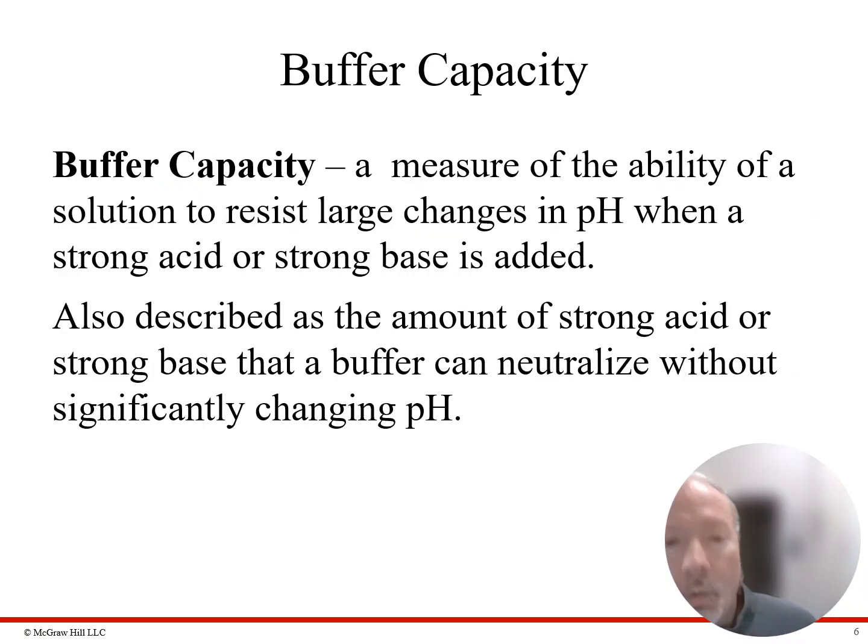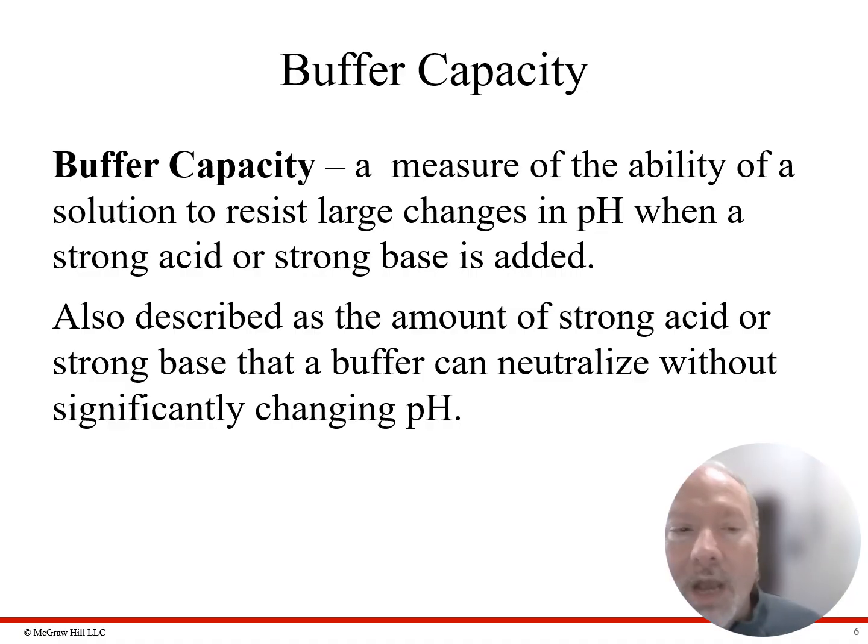And buffer capacity, what is that? It's the measure of the ability of a solution to resist large changes in pH when a strong acid or strong base is added. It describes the amount of strong acid or strong base that a buffer can neutralize without significantly changing the pH. Now, we're not going to give exact values in this class about buffer capacity.